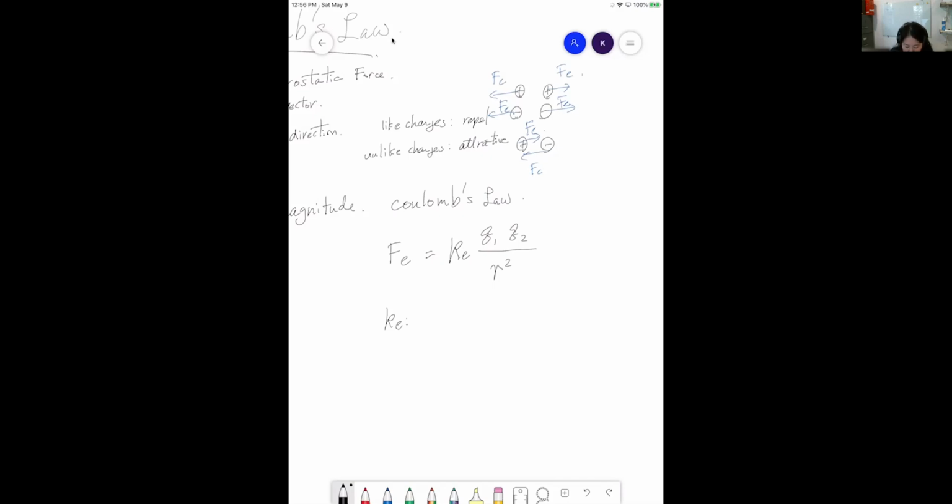It's very similar. And then M1, M2 are the masses, and R is the distance. So when we had Earth and apple, it's an attractive force, attractive.